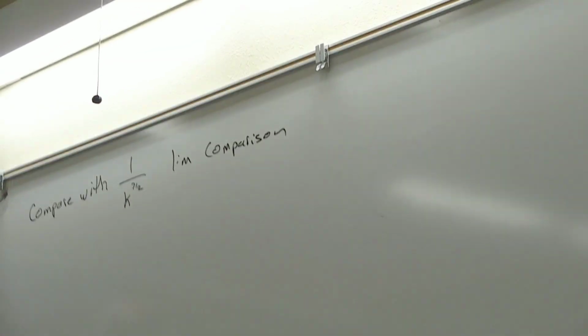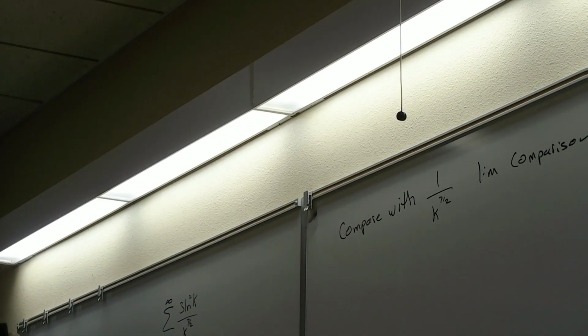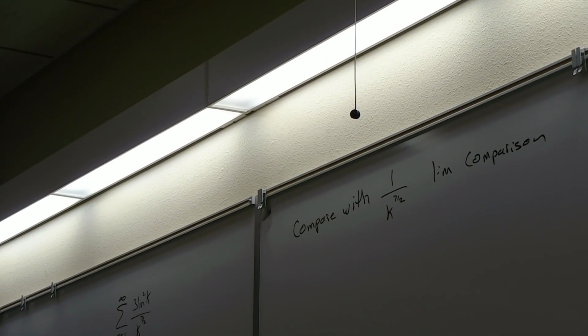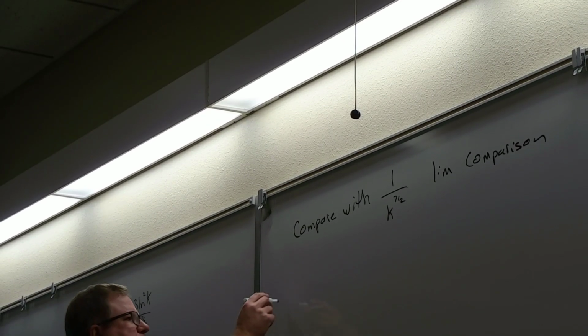That would be a logical thing to do because 7 over 2 is greater than 1, so we know that converges by the p-series. So let's do limit comparison with this and that over that. They either both converge or they both diverge. Real simple, right? Well, watch what happens.